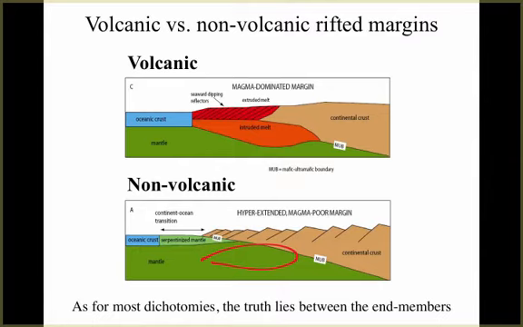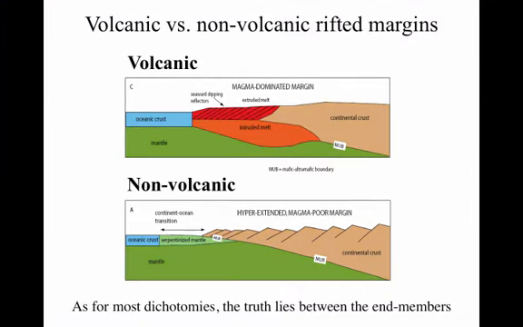There is exhumed serpentinized mantle, and there is a very extended magma-poor continental margin. Now, of course, these are theoretical end members, and probably each passive margin, rifted margin, is somewhere in between these two end members.